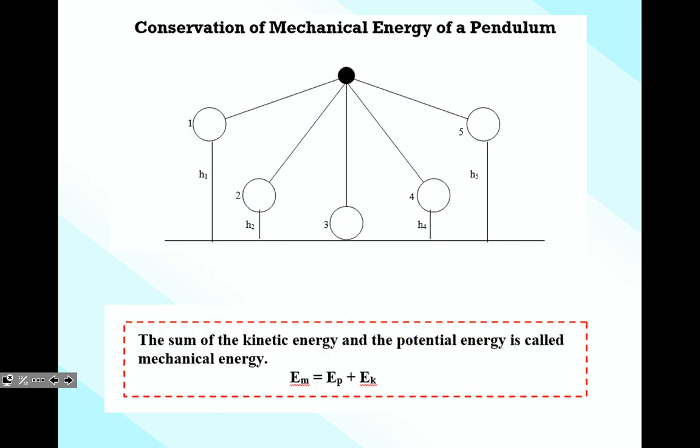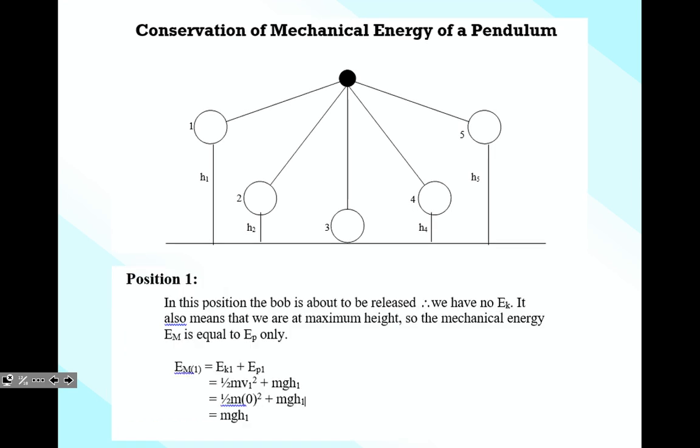So the sum of kinetic energy and potential energy is called mechanical energy, and we're looking at mechanical energy in terms of a pendulum. In position 1, the bob is about to be released. Therefore, we have no EK, because it's not moving. We're holding this, and it's about to be released. It also means that we are at a maximum height, so the mechanical energy is equal to EP only.